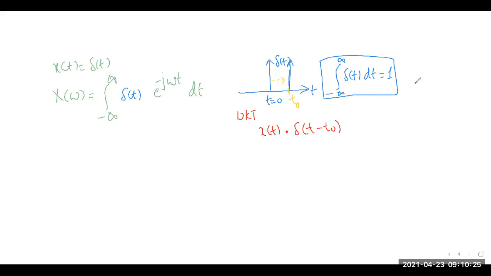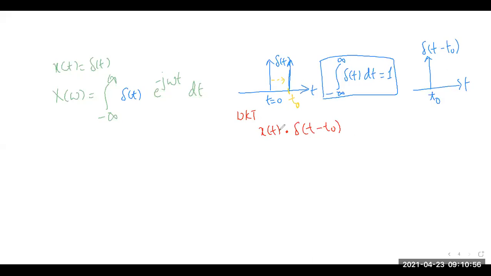If I rewrite this, delta t minus t naught is defined at what time instant? t equal to t naught. Earlier it was defined at t equal to 0. That was just delta of t, but now I am writing delta of t minus t naught. This is as good as shifting the impulse to the right on the time axis.